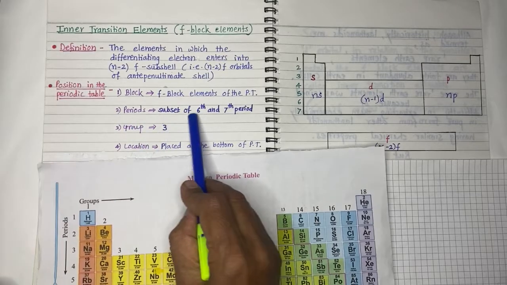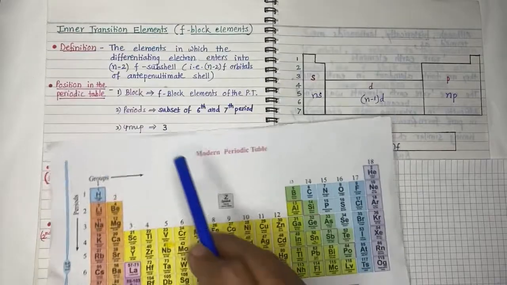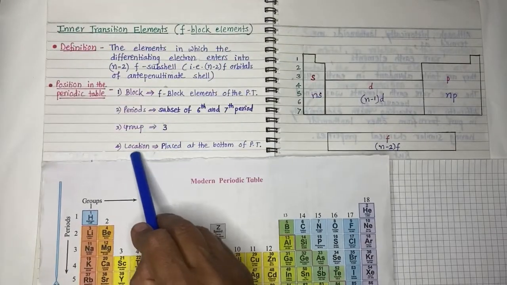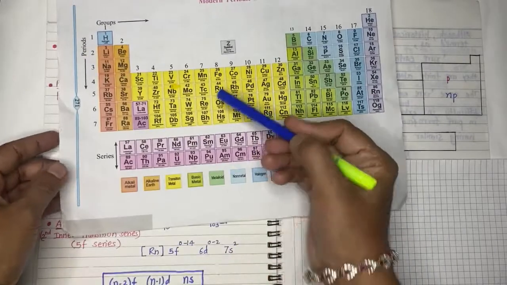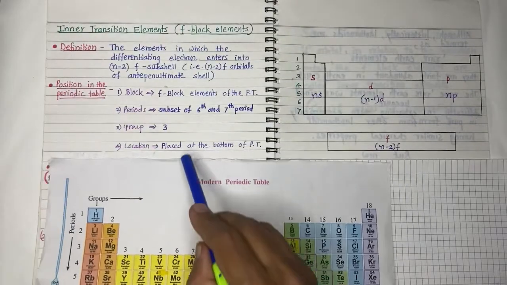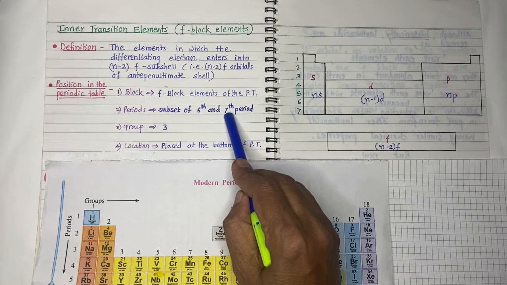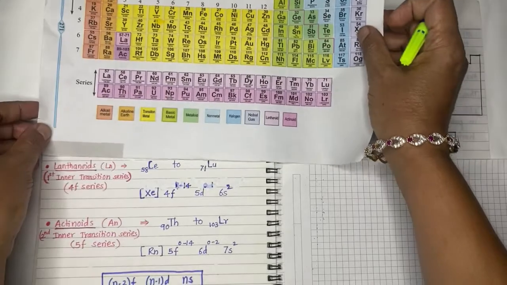Periods, these are a subset of the 6th and 7th periods. Group 3rd. Next, location: these are placed separately at the bottom of the periodic table. Now for lanthanoids, write 6th period. For actinoids, write 7th period. Remaining points are the same.